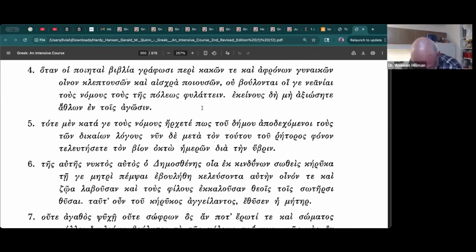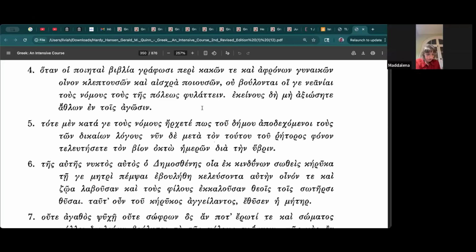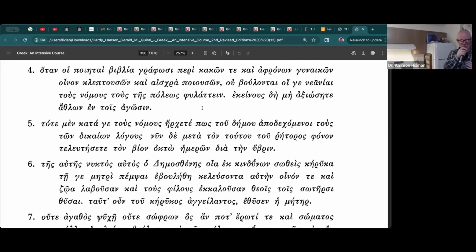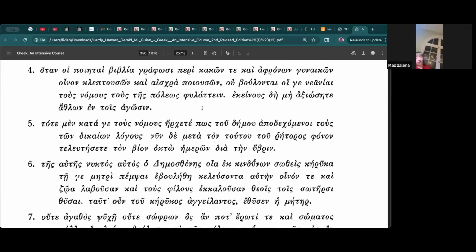So we have a present general temporal clause. Whenever somebody does something, somebody else does something. So that's how we want to translate this. Okay, now I'm going to leave you alone and let you translate.